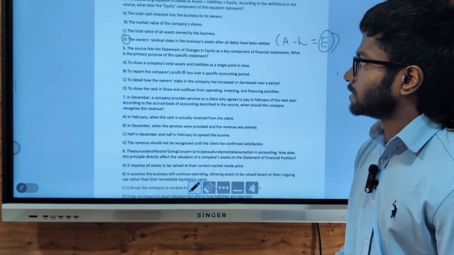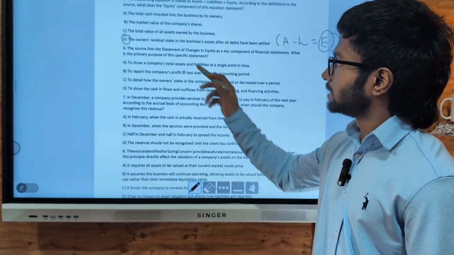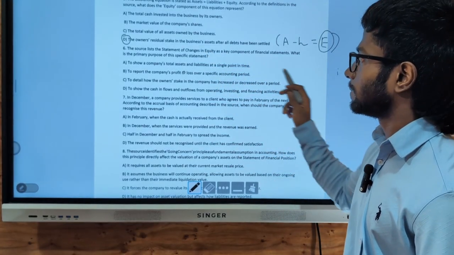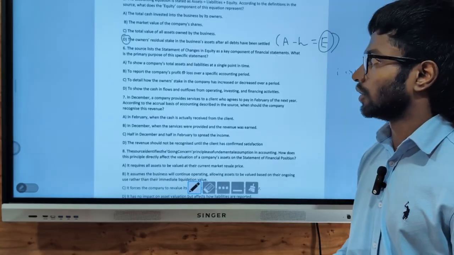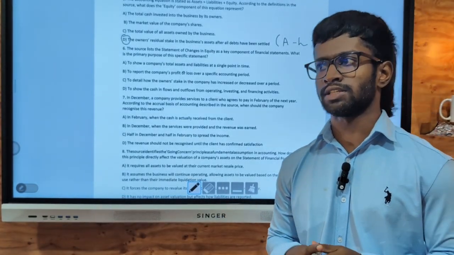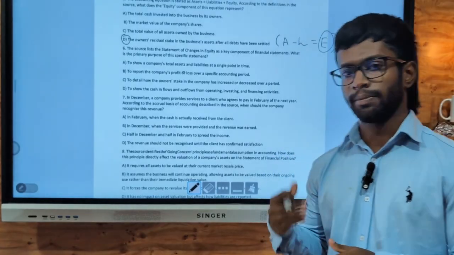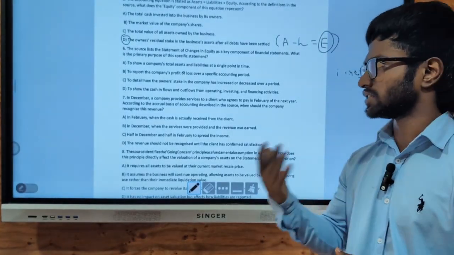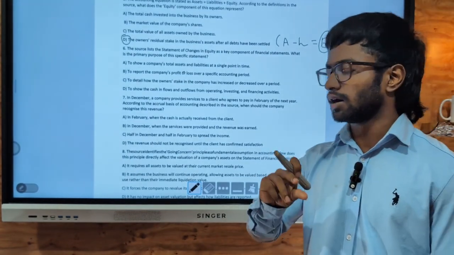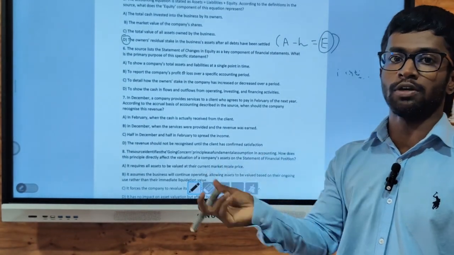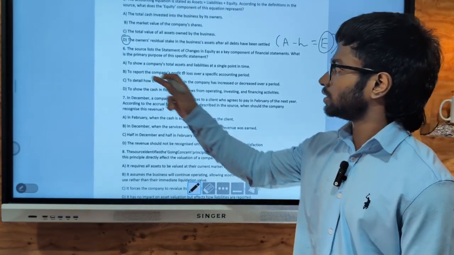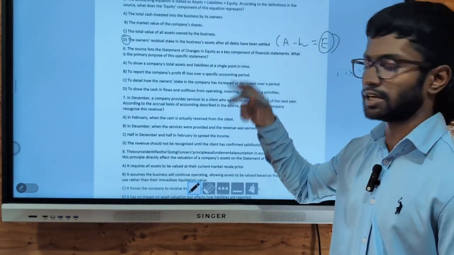Next, we have the source lists the statement of change in equity as the key component of financial statement. What is the primary purpose of this specific statement? Now, later on, we'll be learning about the statement under your financial statements. But here, keep in mind, I have explained this as well. In your statement of change in equity, you record changes that happen to owner's equity. Okay. So here, to show company's total assets and liabilities, that is wrong.